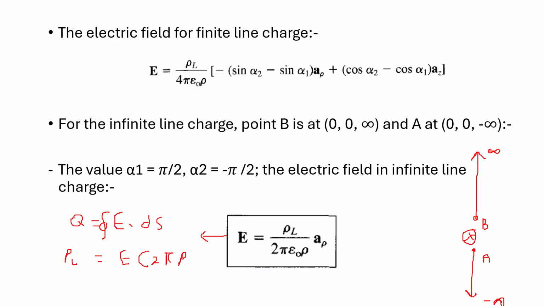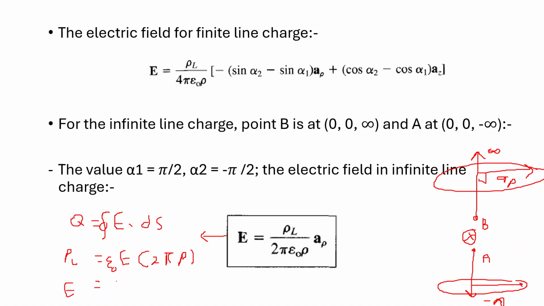When you substitute the value using the Gauss law, you get E equal to rho L over 2 pi epsilon naught rho, in the rho vector direction. Here, this rho vector forms 90 degrees to the top surface.